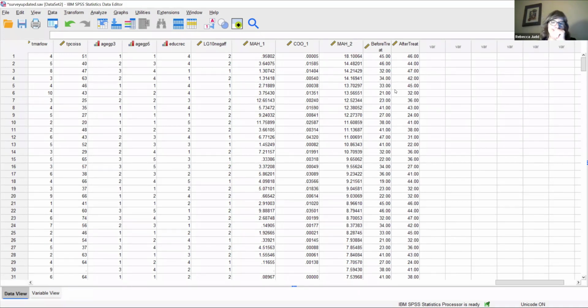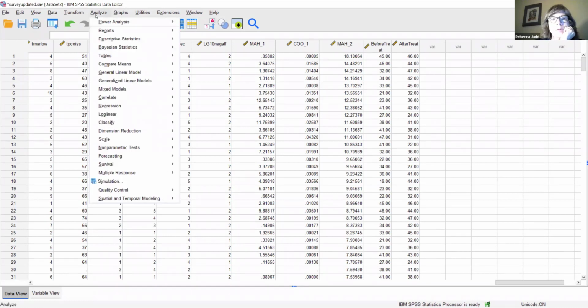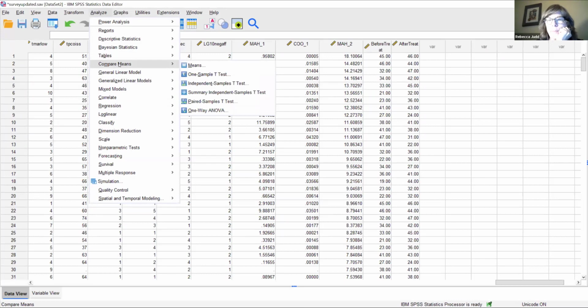But I want to show you how to do the dependent samples t-test, okay? So we're going to go to analyze, and go to compare means, because we're comparing the mean of the pre-test with the mean of the post-test for the one group. The one group is all 439 participants. And we're going to go to here. It's called a paired samples t-test.